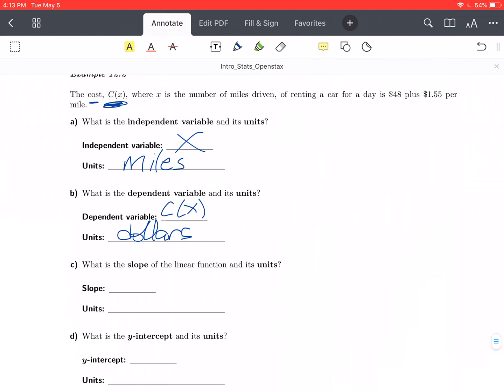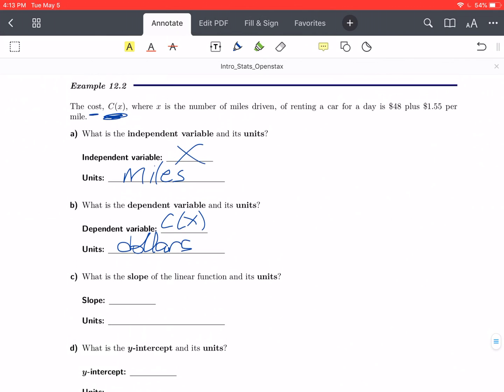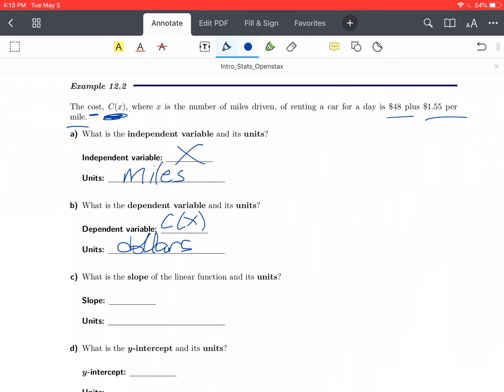What is the slope of the linear function and its units? So the slope is the rate of change. How much is that value changing? If we look here, the cost of renting a car for a day is $48 plus $1.55 per mile. The real key to recognizing slope and rate of change is this phrasing, per mile, because this represents a change in cost for every mile that passes.